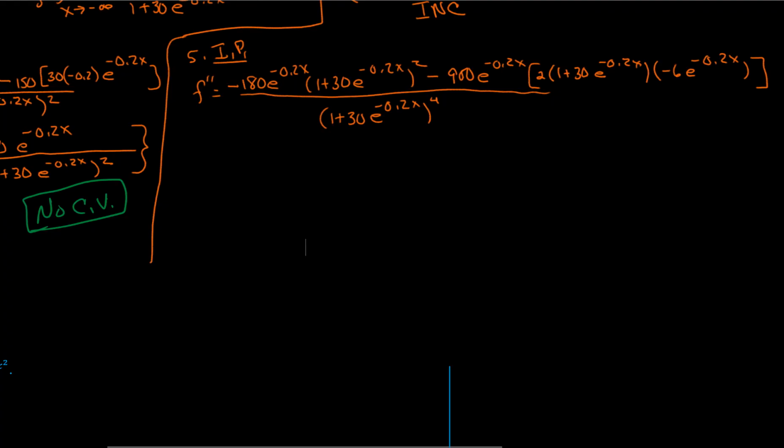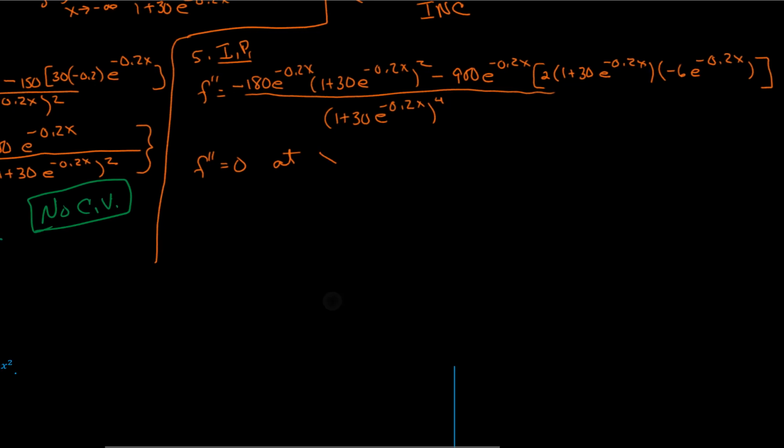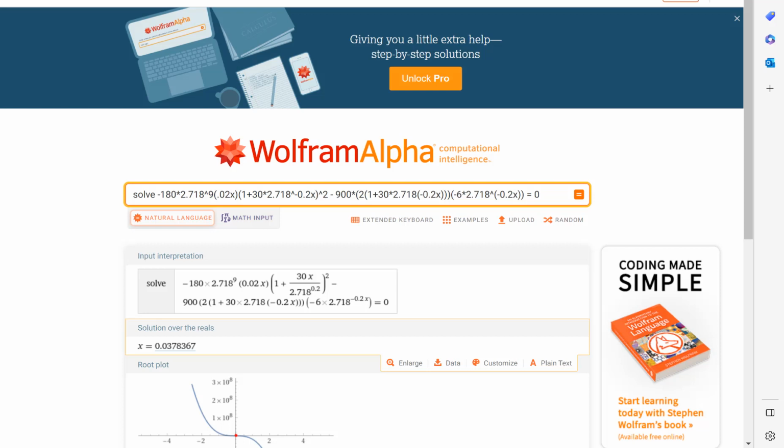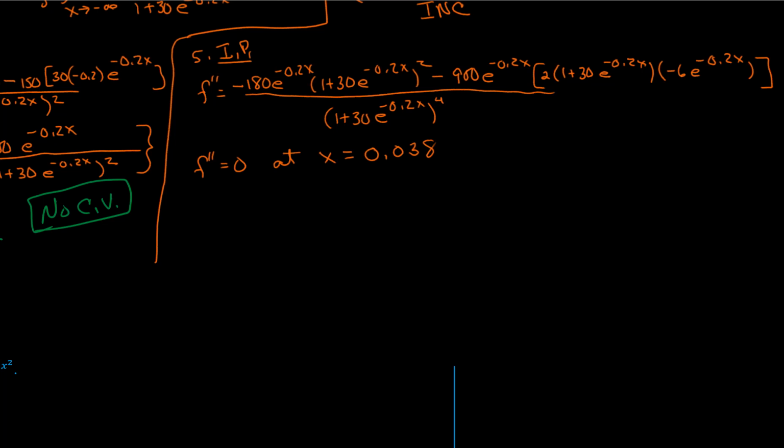Okay, and we get that the second derivative equals 0 at x equal to 0.038. I'll go check and make sure I copied that down correctly. Okay, yep. Now for an inflection point, you need not only the x value, but you also need the y value for it to be a point.